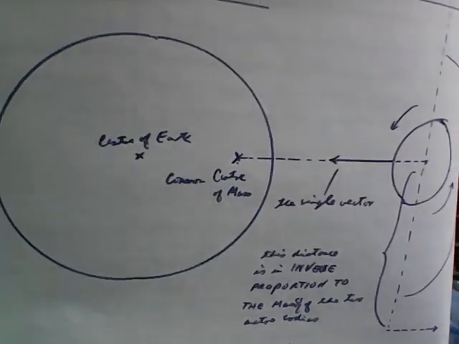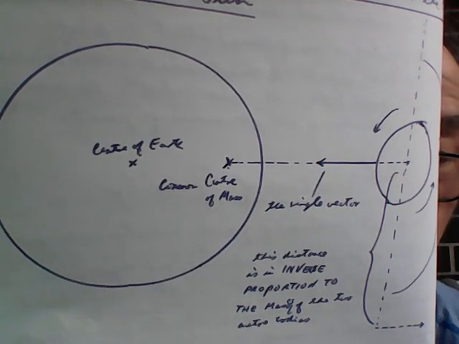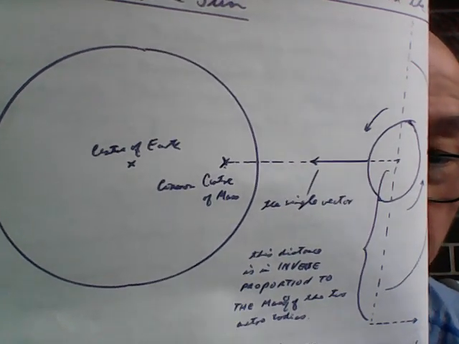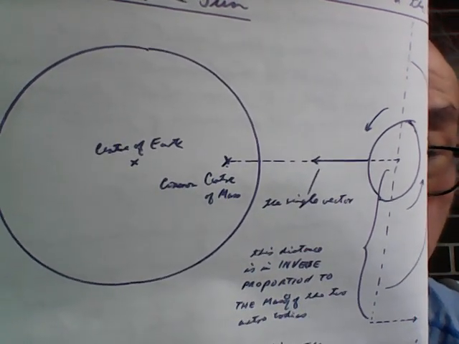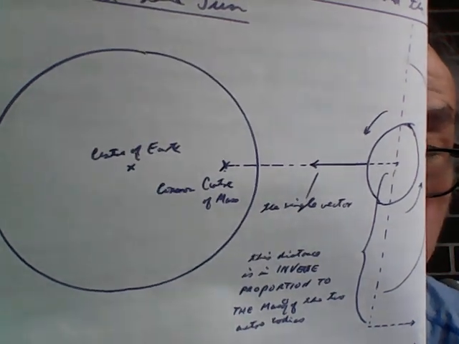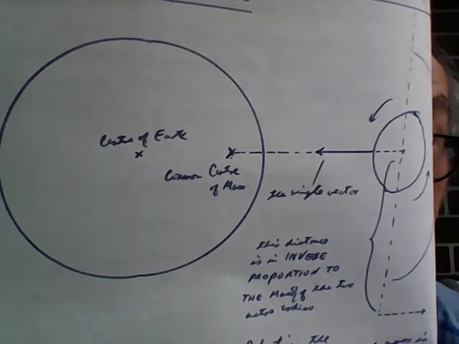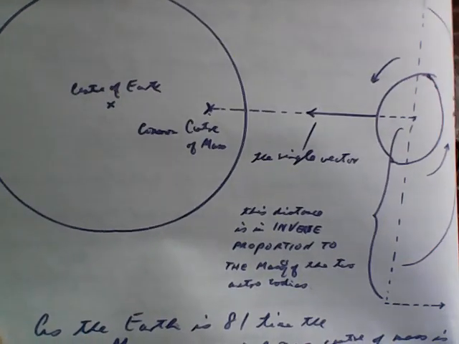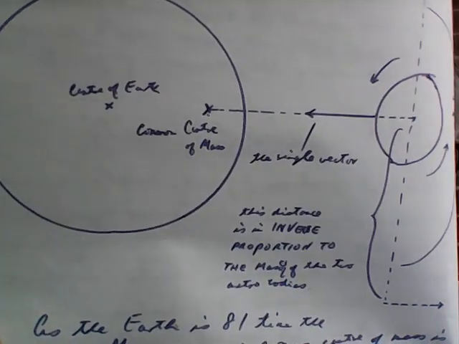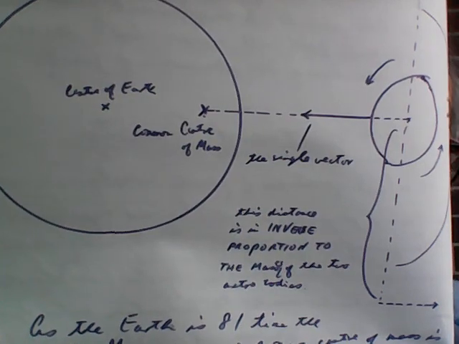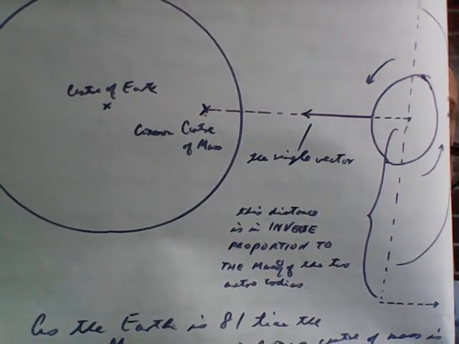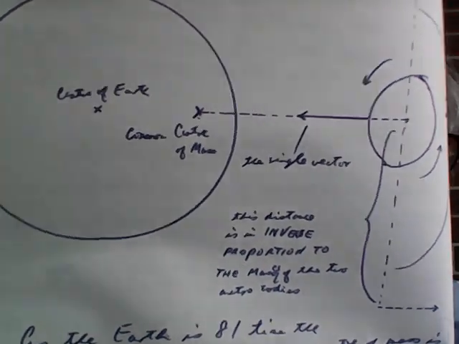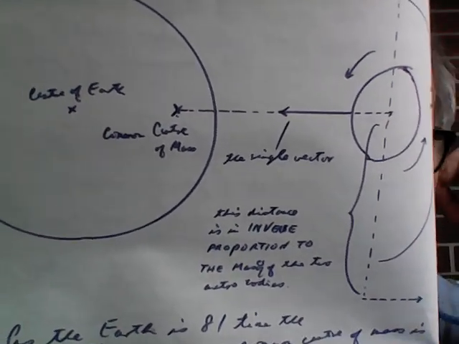Similarly, for the Sun and the Earth, it's the same situation. The only difference is that the Sun is more than 900,000 times the mass of the Earth.